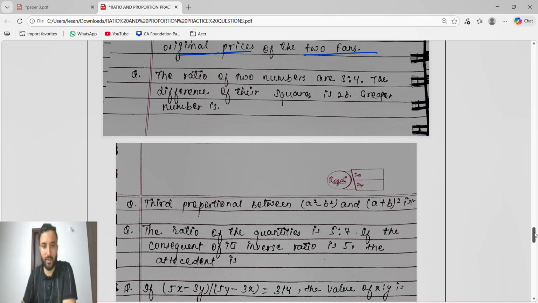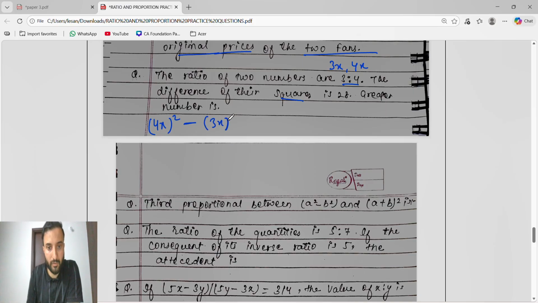Okay, the ratio of two numbers is 3:4. So I will take the two numbers as 3x and 4x. The difference of their squares is 28. So 4x square minus 3x square is 28. 4 square is 16, x square is x square, minus 3 square is 9, x square is x square, equals 28.